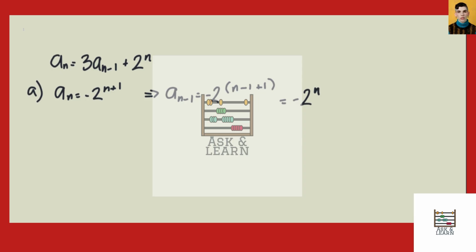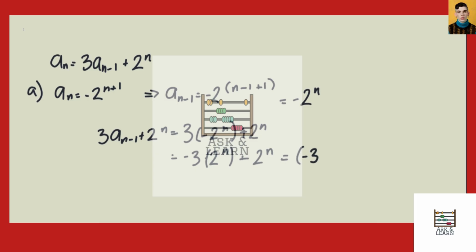Okay, so then we note that 3a_{n-1} + 2^n is going to be equal to 3 times -2^n plus 2^n, which is the same as -3 times 2^n plus 2^n, which is really like (-3 + 1) times 2^n.